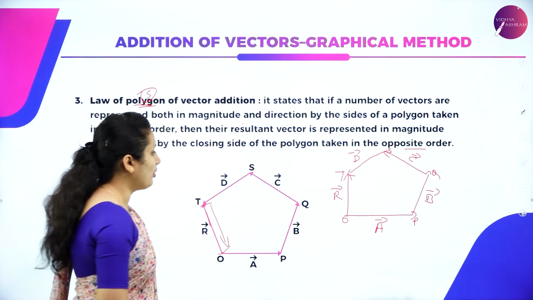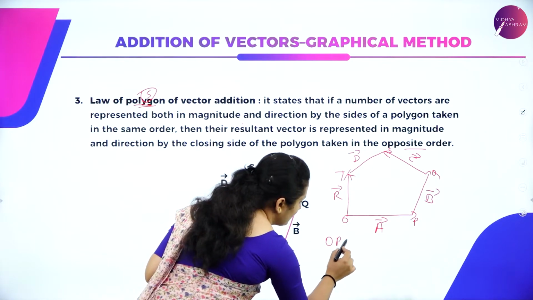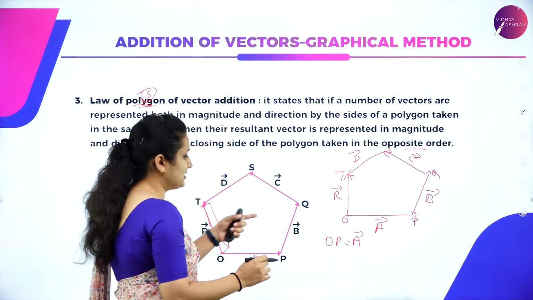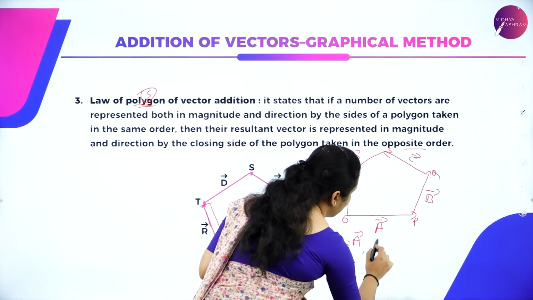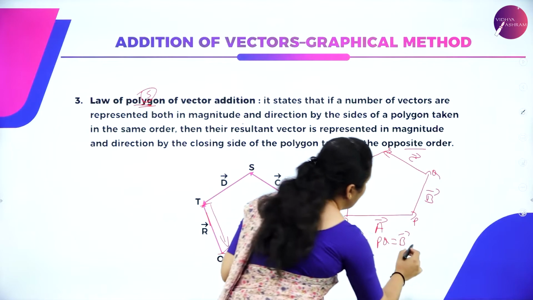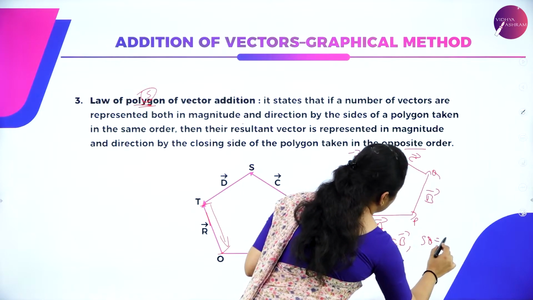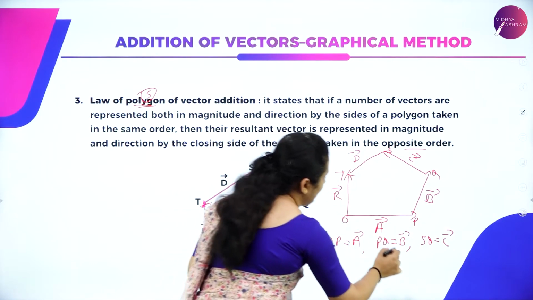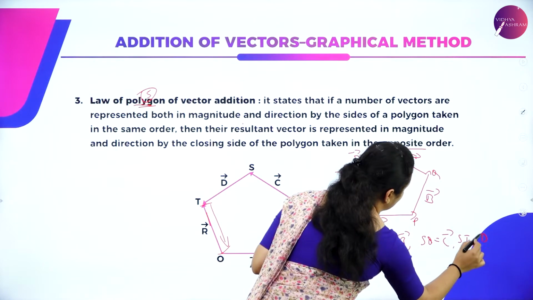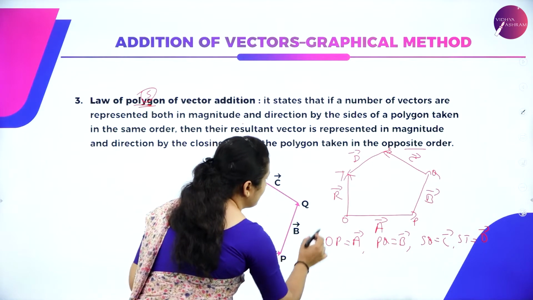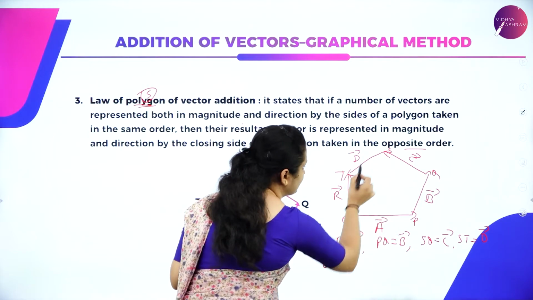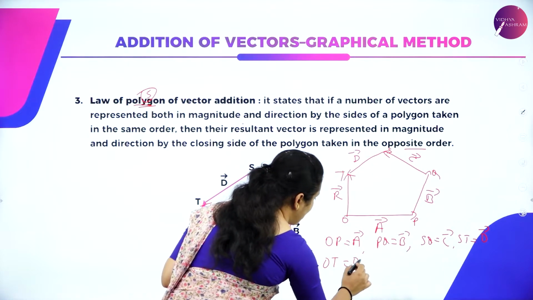So this is the polygon. OP is equal to A. The OP side of the polygon represents vector A. The PQ side represents vector B. The QS side represents vector C. And the ST side of the polygon represents vector D. So the resultant vector OT is equal to the sum of all the sides of the polygon which are in the same order.